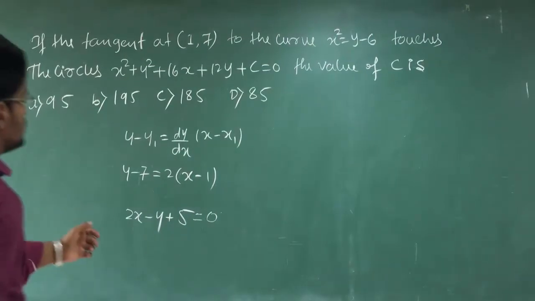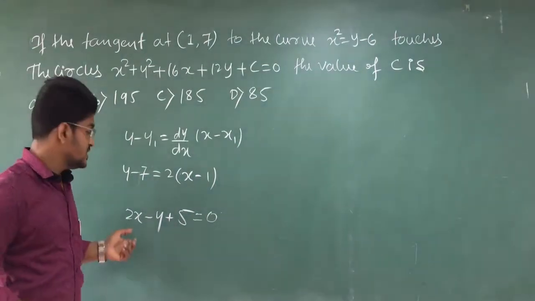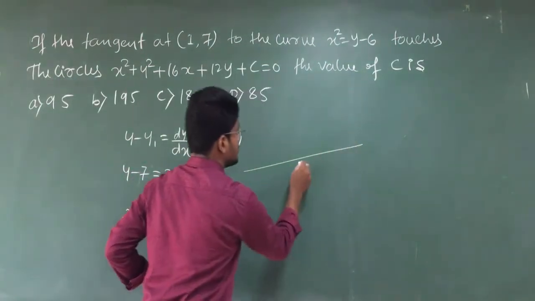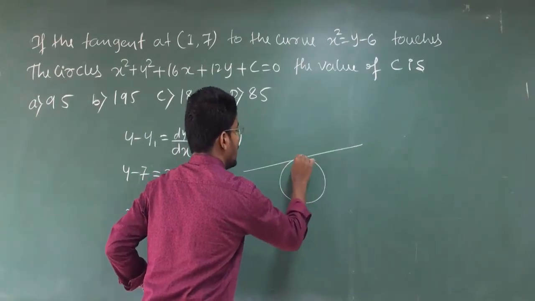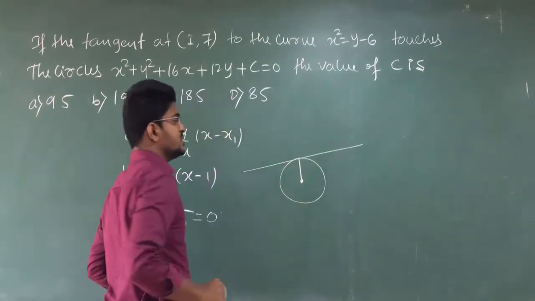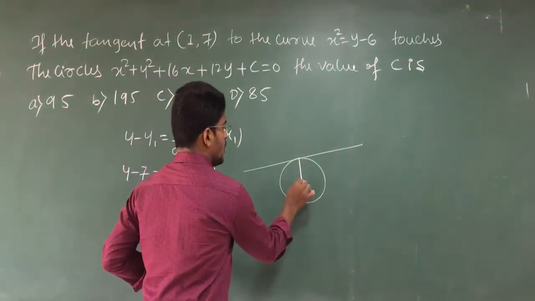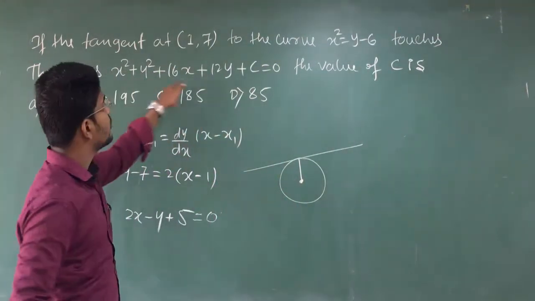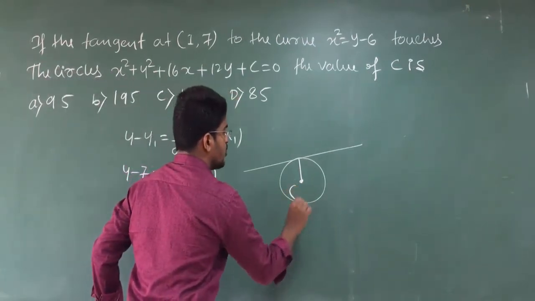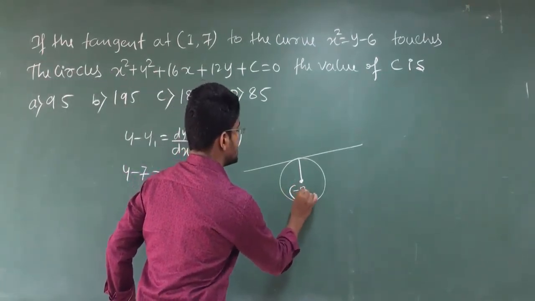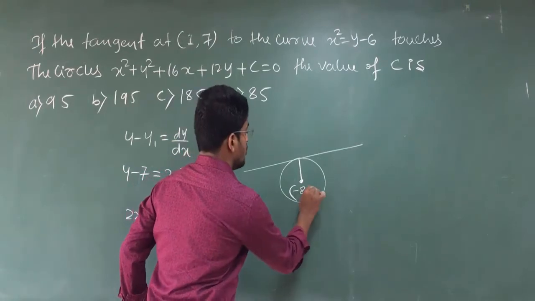So now this is the equation of tangent. This tangent touches the circle at some point. Clear? So now the equation of the circle is given. From this I can write the center point as (-8, -6).